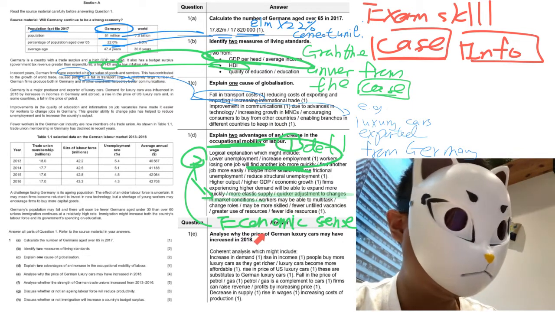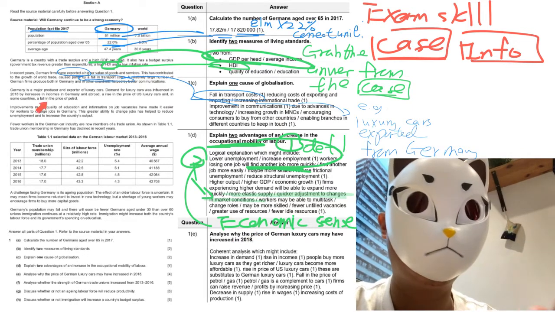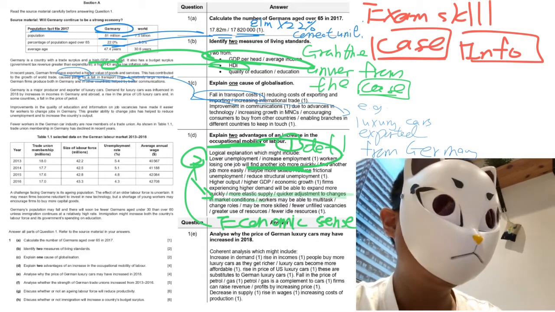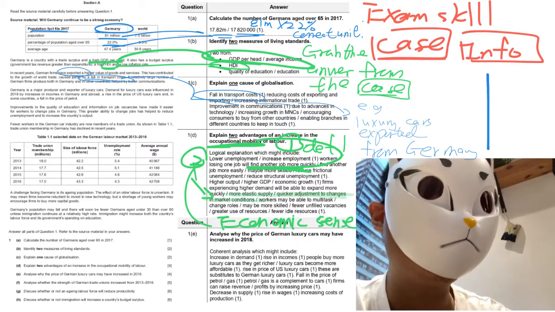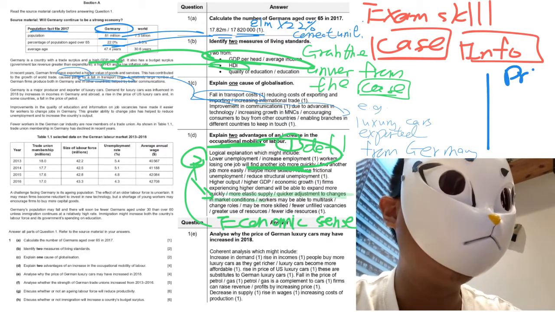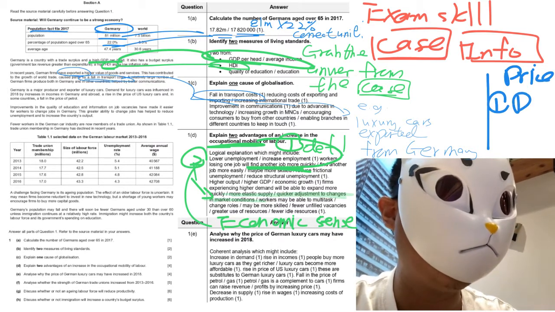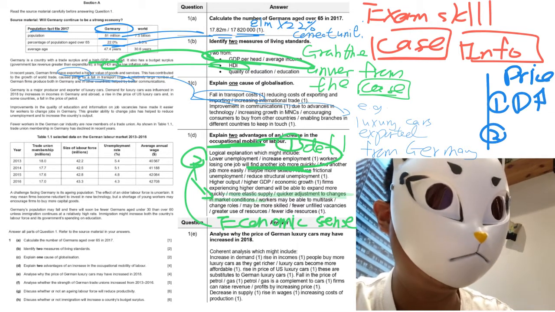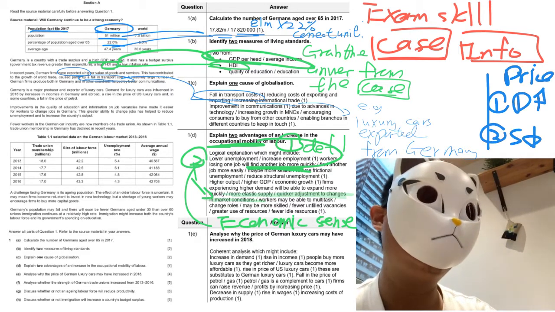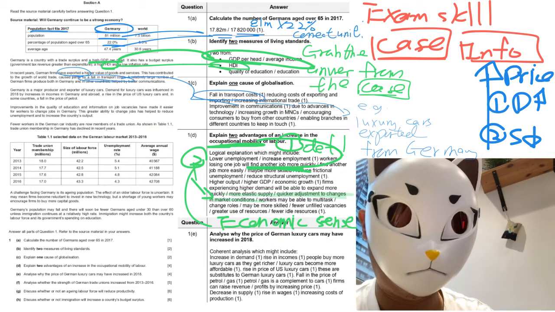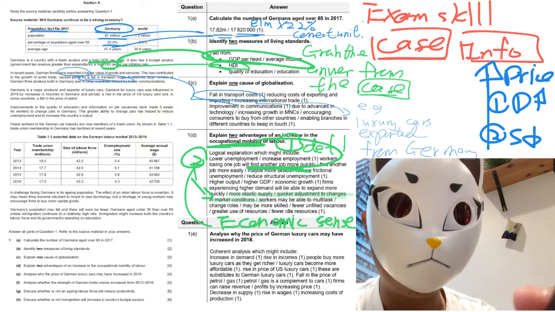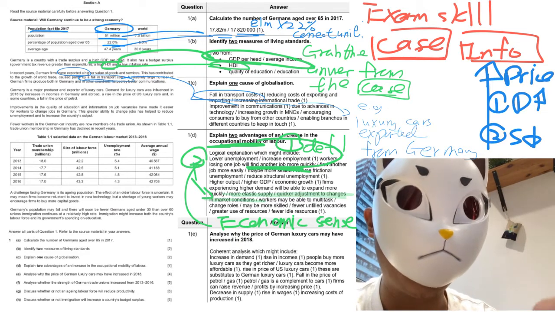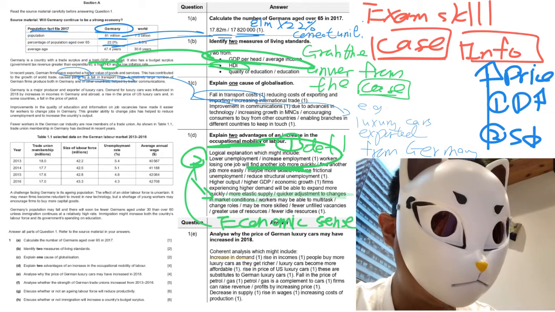Part D. Why will the price increase? There are 2 factors affecting the price. Number 1, demand increases. Number 2, supply drops. These 2 will make the price increase. Right now we have to go back to the case to take a look. Why is there an increase in demand?